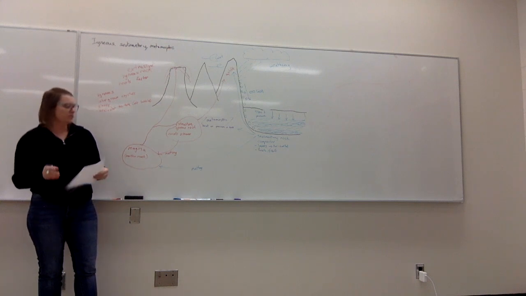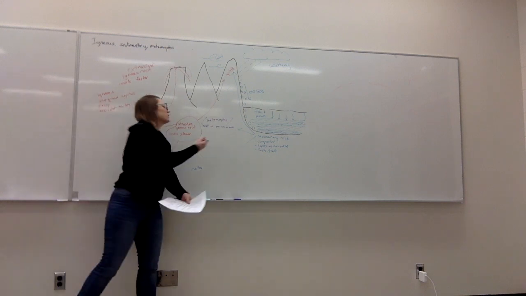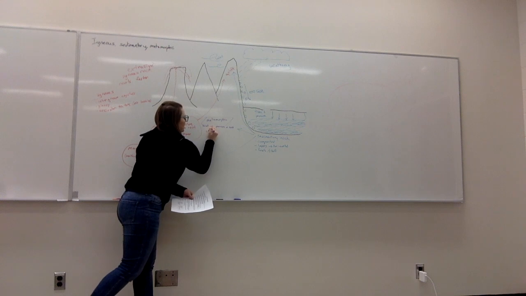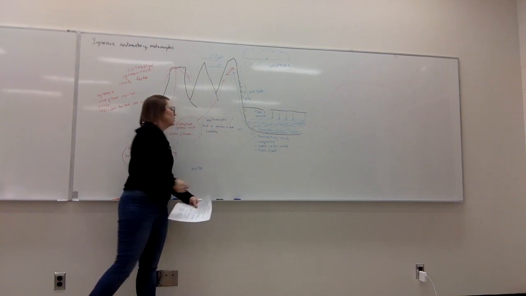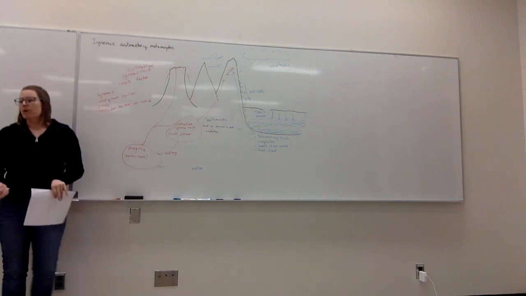Characteristics that we have of metamorphic rock is that it's crystalline as well. And do you think that we could find layers in a different type of rock?